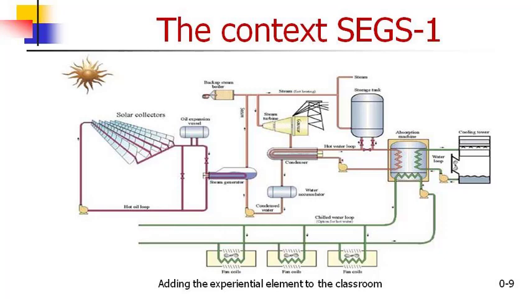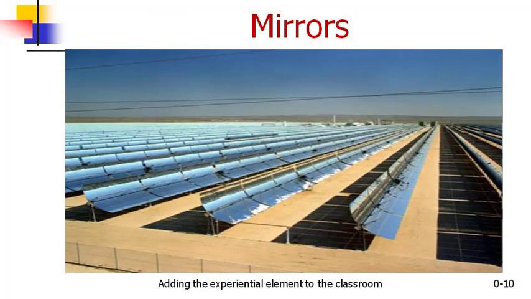It goes up here, and then it generates electrical power using the steam. And then there's the rest of the hydro mechanical parts that deal with keeping track of the oil, storing the oil, and cooling the oil down again so it can be pumped back through the system to generate heat.